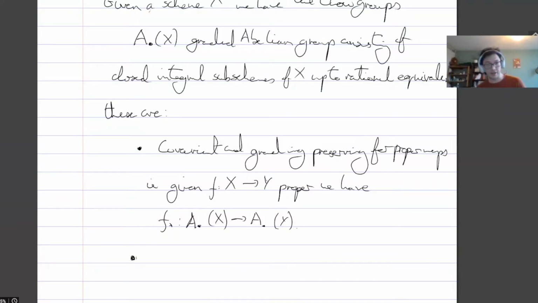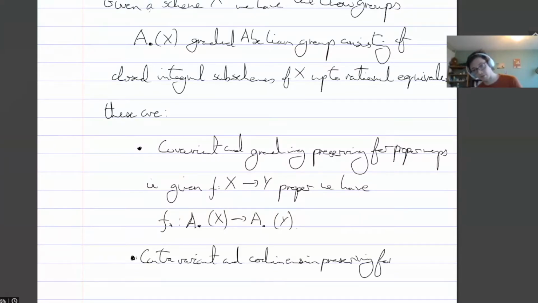And they're contravariant, sorry, and what I'm going to say is codimension preserving, for flat maps.